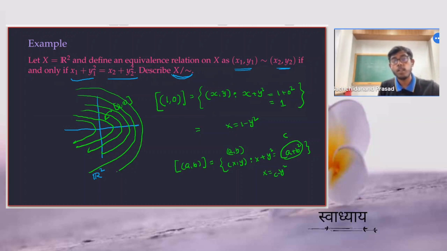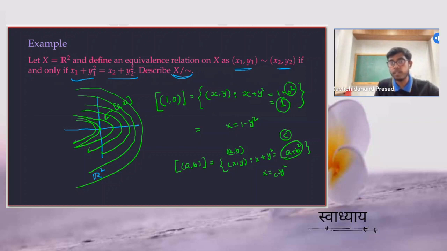And the equivalence class of 0 will be this one. So what we are getting is that each equivalence class is determined by this constant.